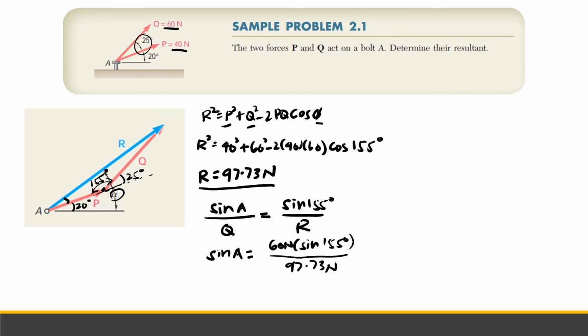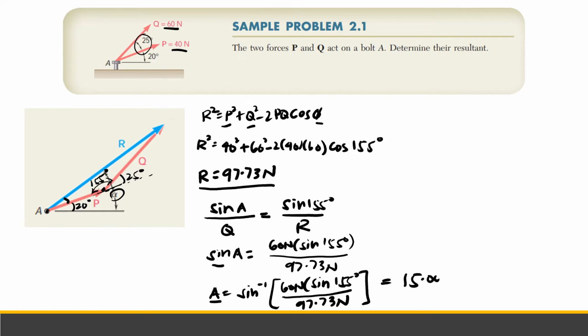So by finding A, we move the sine to the other side as sine inverse. So sine inverse of 60 Newton multiplied by sine 155 degrees over 97.73 Newton, leaving only the interior angle at A, which is equal to 15.04 degrees.